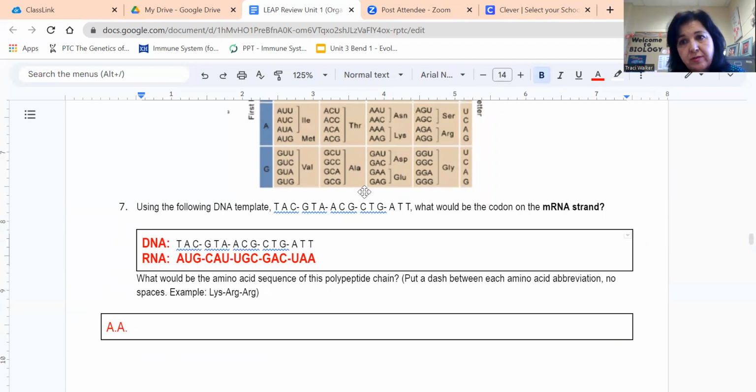One way to check yourself when you're doing this is when you finish your RNA, look at it and make sure you don't have any T's, because that's the most common error people make. No T's, no thymine in RNA. So look back over it, make sure you don't have any T's, and then you'll know that you probably got it right.